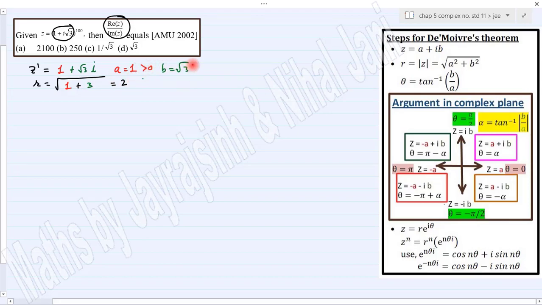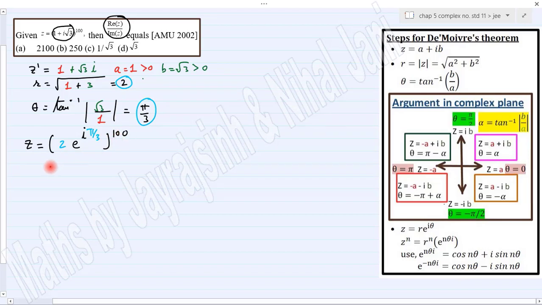Now real as well as imaginary part is positive. So our complex number lies in the first quadrant. So we can say theta is simply tan inverse of imaginary part upon real part, which will give us pi by 3. So we can say our complex number z is the exponential form of z dash, which is r, or we can say 2, and e raised to i times the angle, which is pi by 3, whole raised to 100.